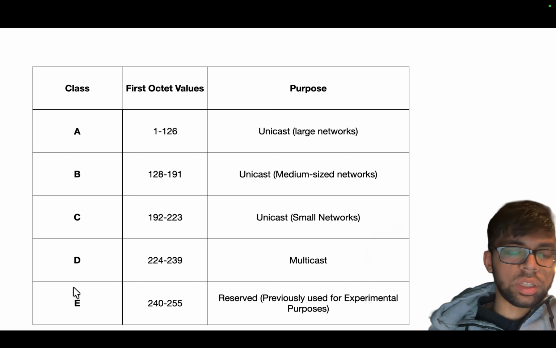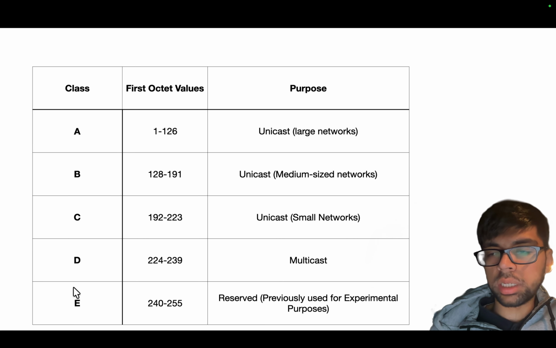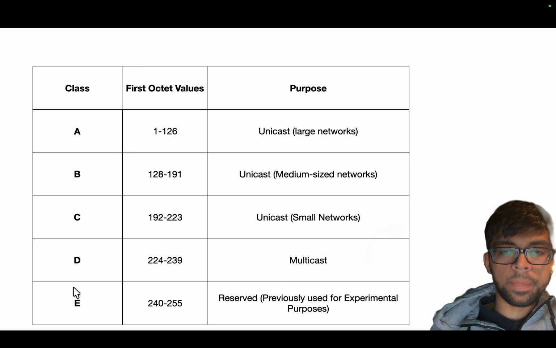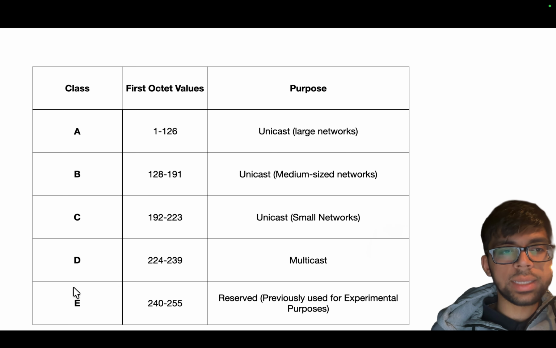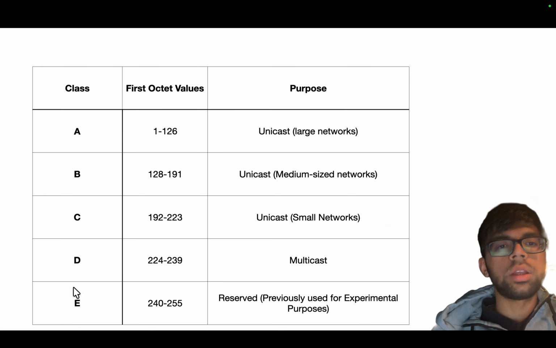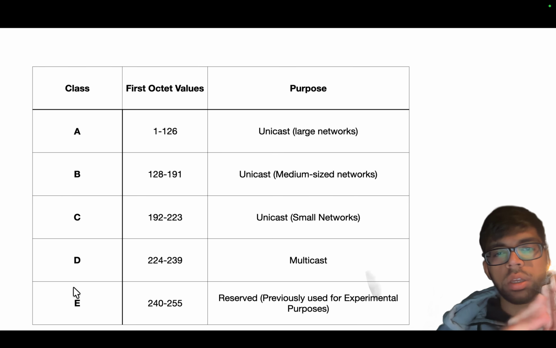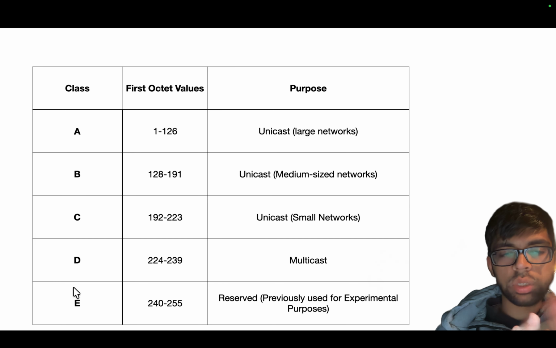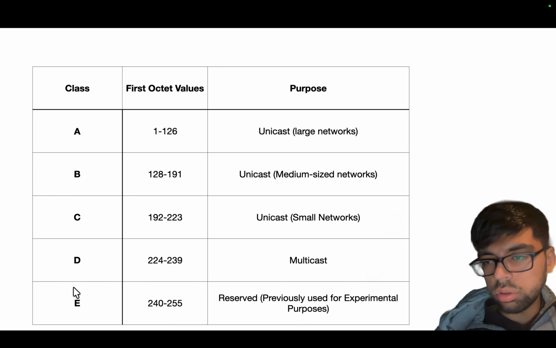Now, if we look at public IP addressing, there are 5 ranges. You've got class A, B, C, D, and E. A is 1 to 126, and that's for unicast purposes, large networks. Then B, 128 to 191, is for unicast, medium-sized networks. C, 192 to 223, is also unicast, but for small networks.